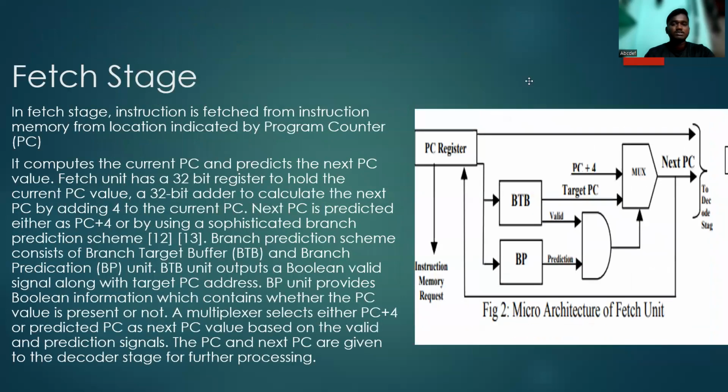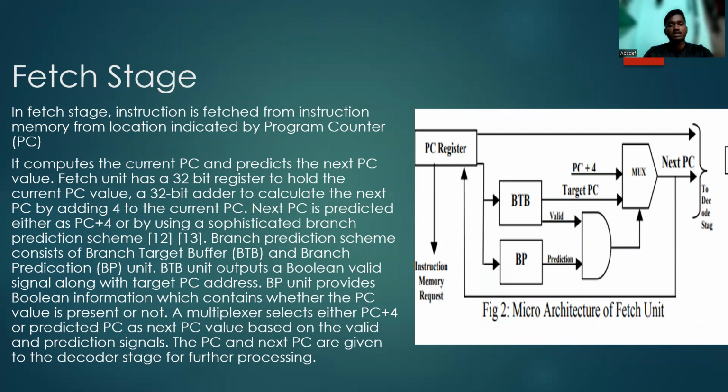In this fetch stage, the first one is the fetch stage. Instruction is fetched from instruction memory from the location indicated by the program counter, PC. It computes the current PC and predicts the next PC value.